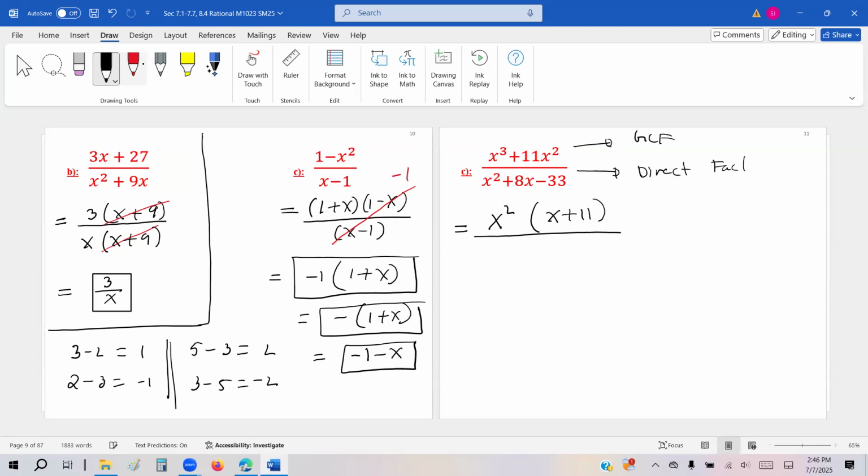Direct factoring, because we are not doing anything else besides factoring. 11 is positive, because the middle sign is positive. Then 3 is negative. It's called direct factoring because from the given line, we are going to factor right away, directly, without doing anything else.